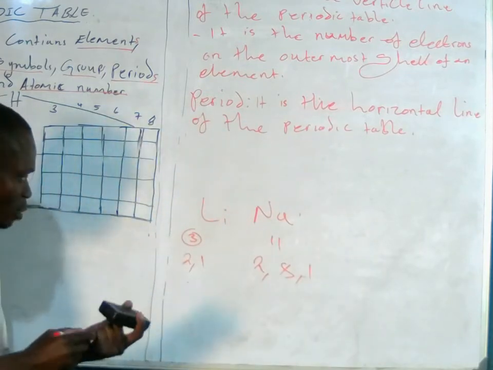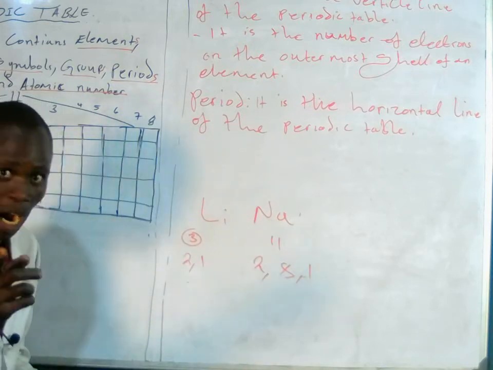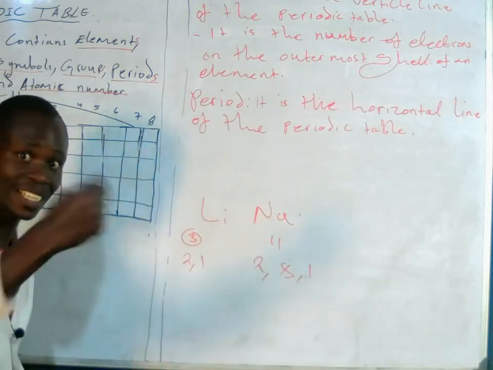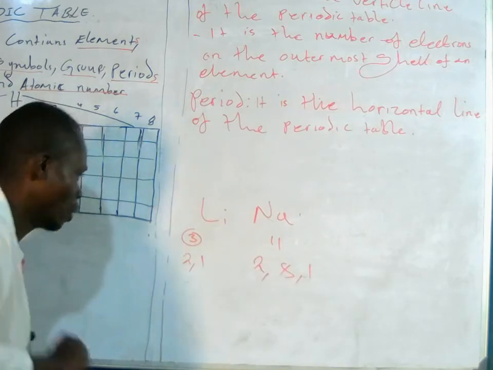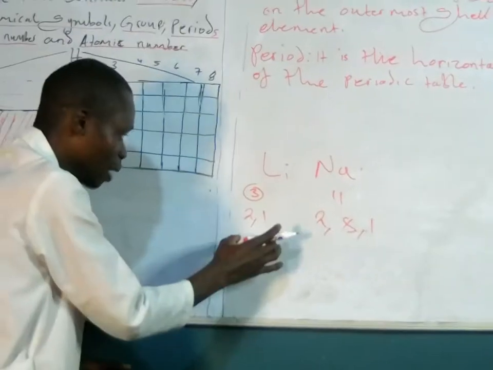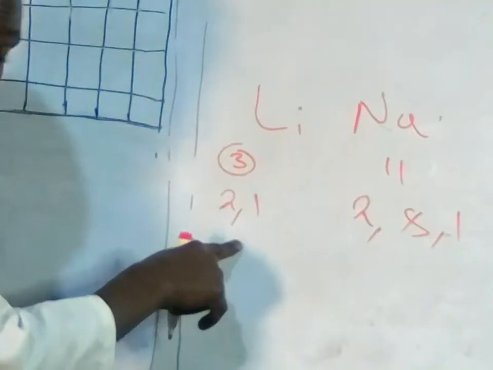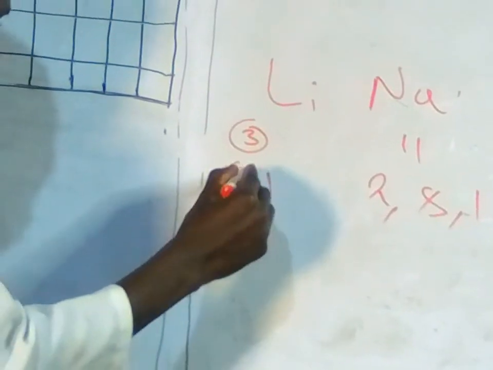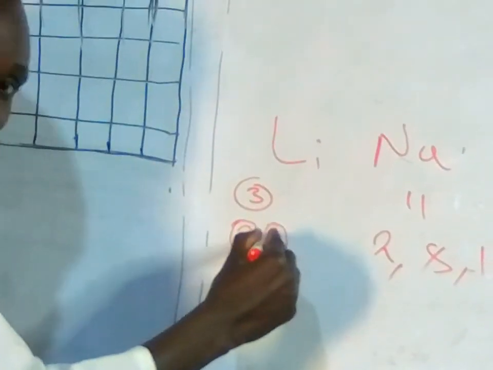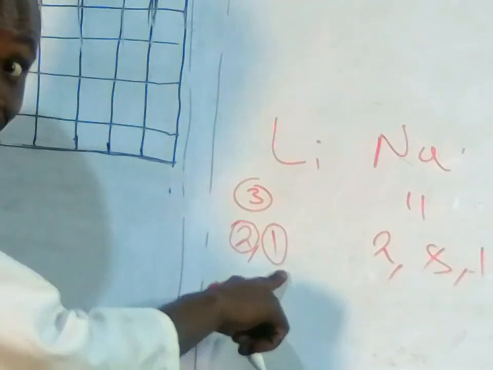So this element is also in group 1. But in which period does it belong? Let us start with lithium. Lithium is in group 1, but in which period? We count the number of arrangements of the electronic configuration. You realize it is 2.